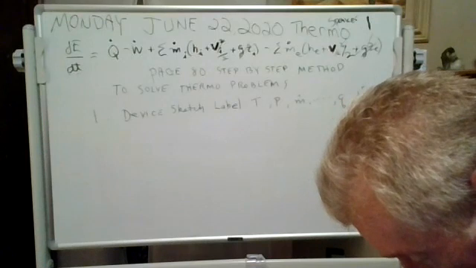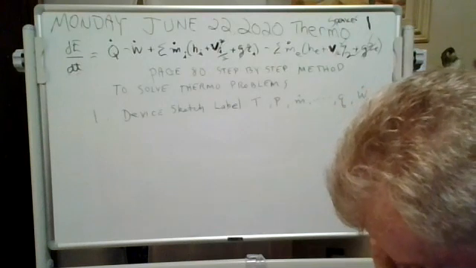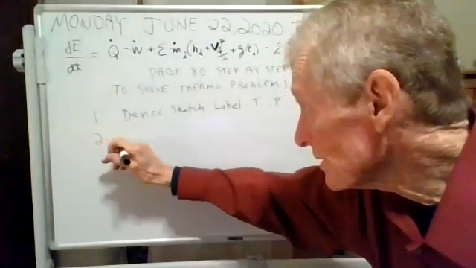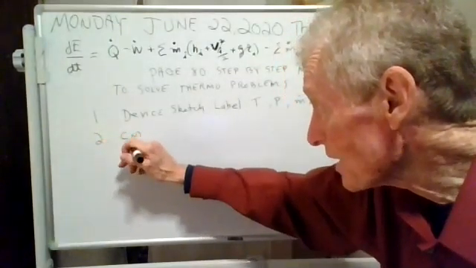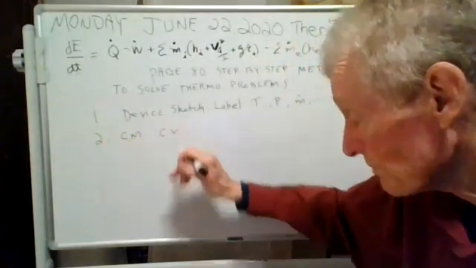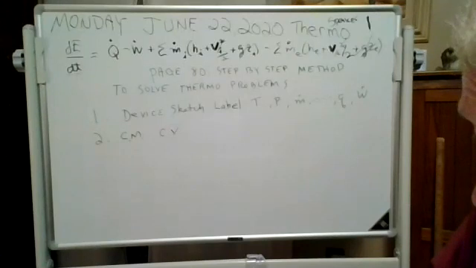You got to decide whether it's a control mass or control volume. You must decide whether it's a control mass or a control volume. Like that problem we just did was the throttle, that was a control volume.